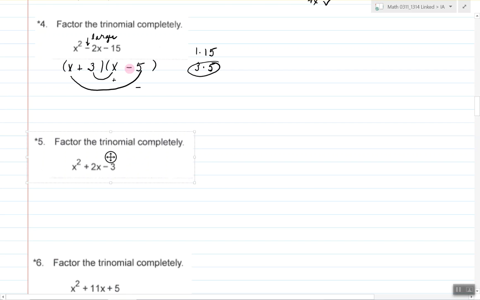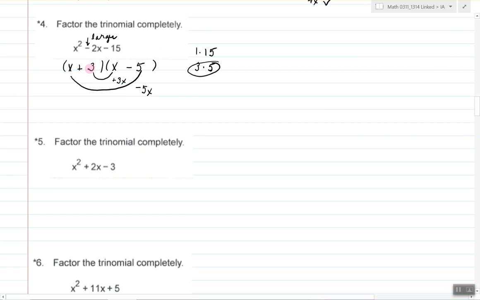Let's double check it. X times x gives me x squared. The outer product is negative 5x. The inner product is positive 3x. Subtract, keep the sign of the larger. That gives me 2. And the negative being with the 5 gives me negative 2x.